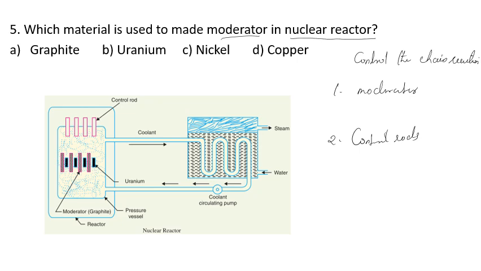The function of the moderator is to slow down the movements of electrons, and thereby the speed of the chain reaction can be controlled by controlling the movements of the free electrons.